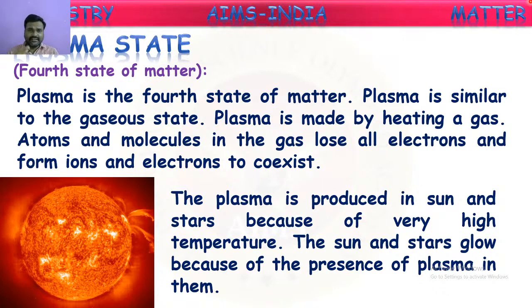At that high temperature, ions and free electrons coexist in the phase. That state is called the plasma state. So now we can say the sun is a globe of plasma. Because of the existence of this plasma at this high temperature, the sun and stars glow. They are very bright. So that is about the fourth state of matter.